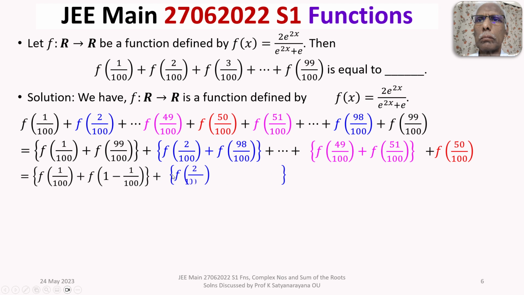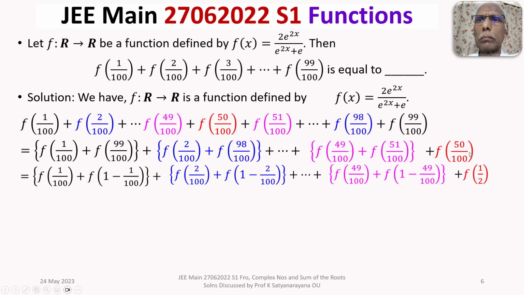The second one, f of 2 by 100 plus f of 1 minus 2 by 100. And the 49th bracket is f of 49 by 100 plus f of 1 minus 49 by 100, plus f of 1 by 2, because 50 by 100 is 1 by 2. So this is f of x plus f of 1 minus x.